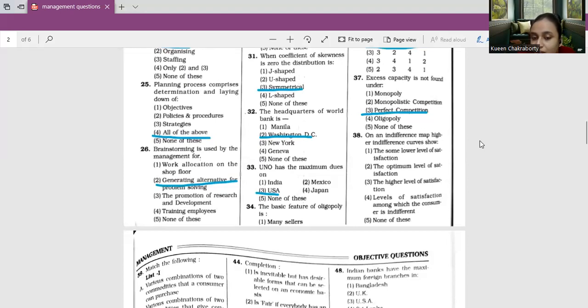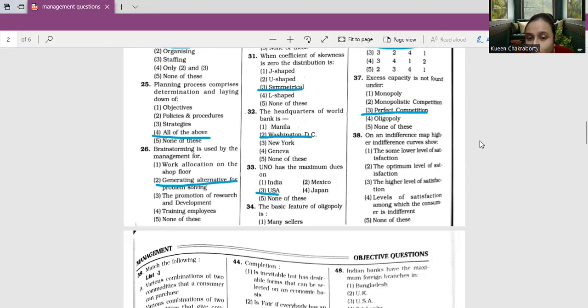The consumer's scale of preference is derived by means of an indifference map. This is a set of indifference curves which ranks the preferences of the consumer. The indifference curve which is farthest from the origin gives the highest total utility.